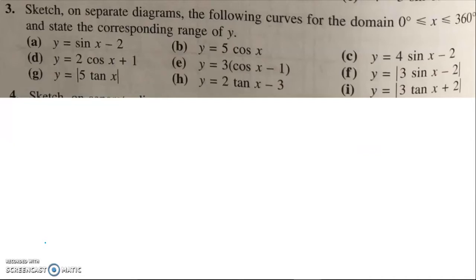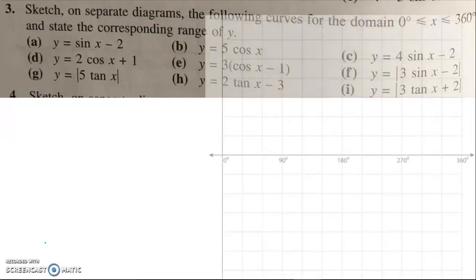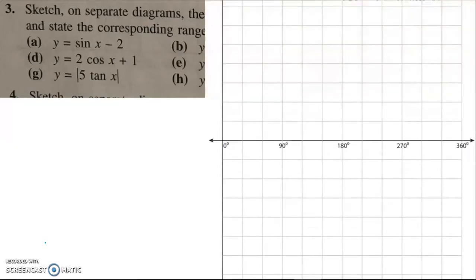Okay, let's see. Let's go ahead and do a cosine one. Let's do E. So E, I have the following. Okay, y is equal to 3 times parentheses cos x minus 1.